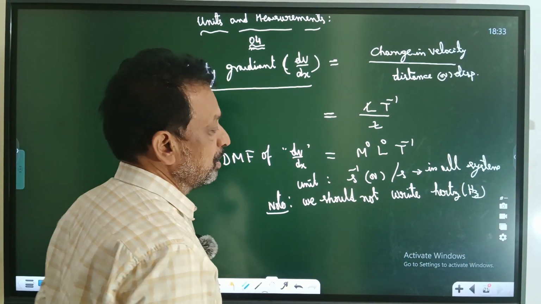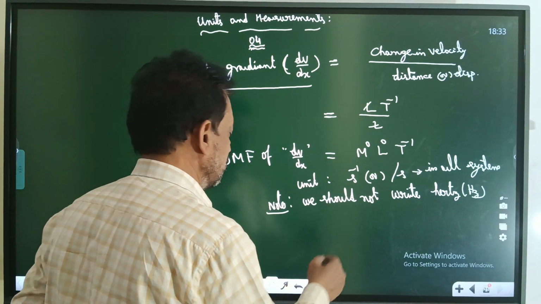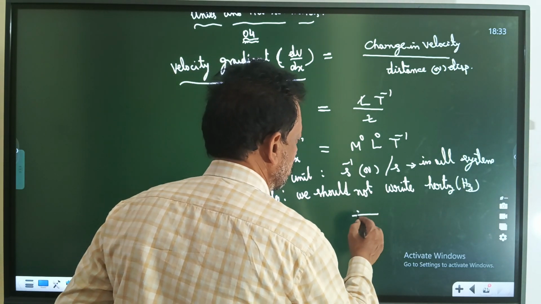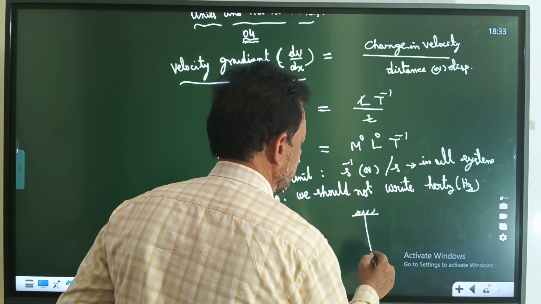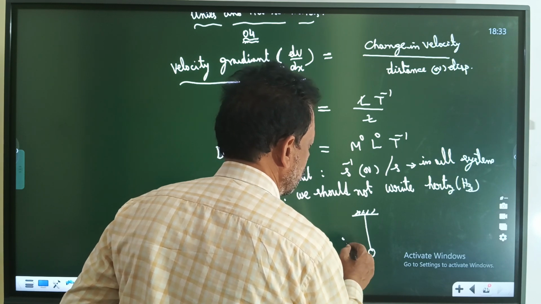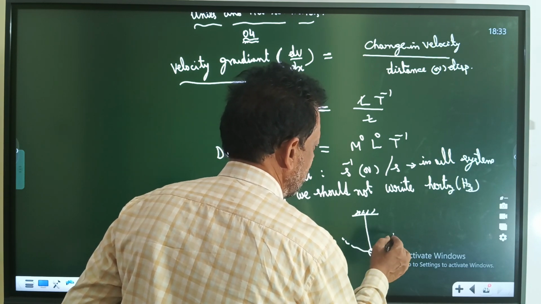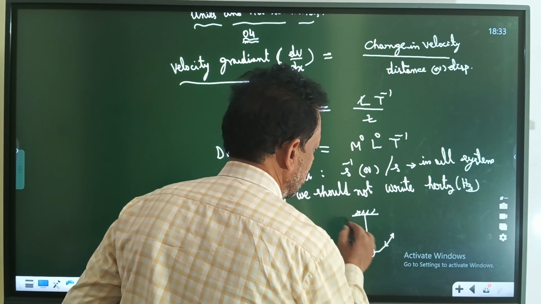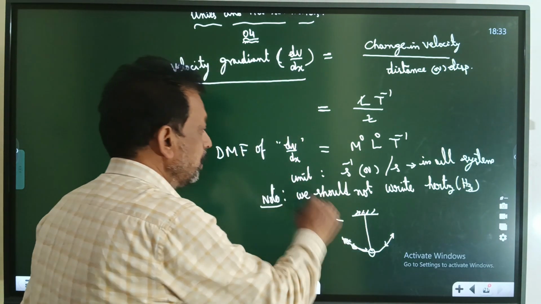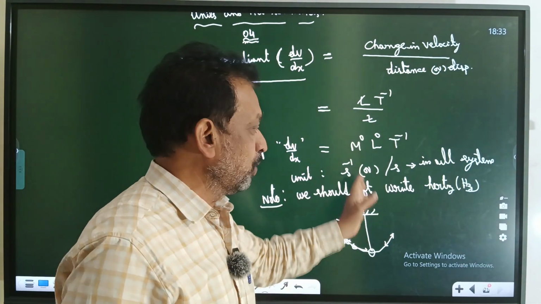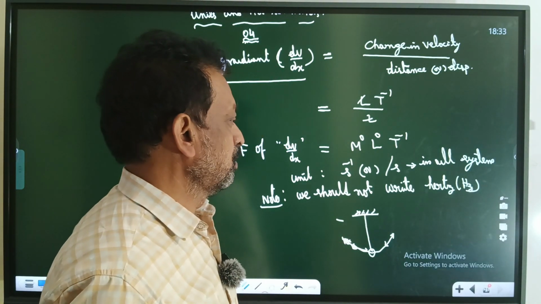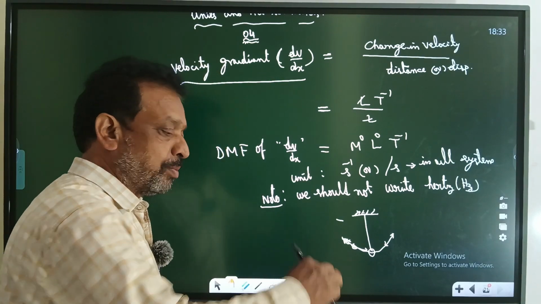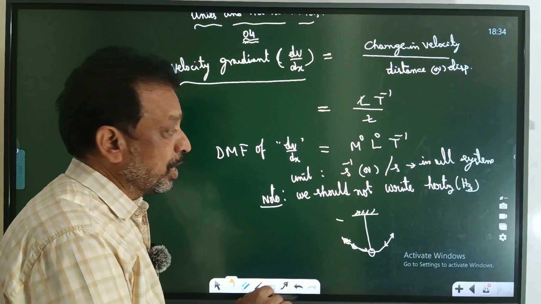But in the case of frequency, or oscillation, the body is always moving to and fro, always coming to the mean position, like a pendulum. In the case of velocity, the particle never comes back to the mean position. Once the body starts moving, it will never come back. That's why you should not write hertz.